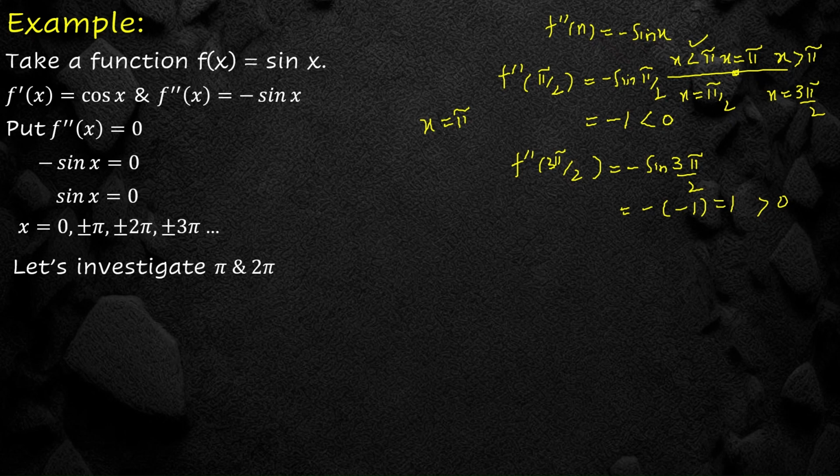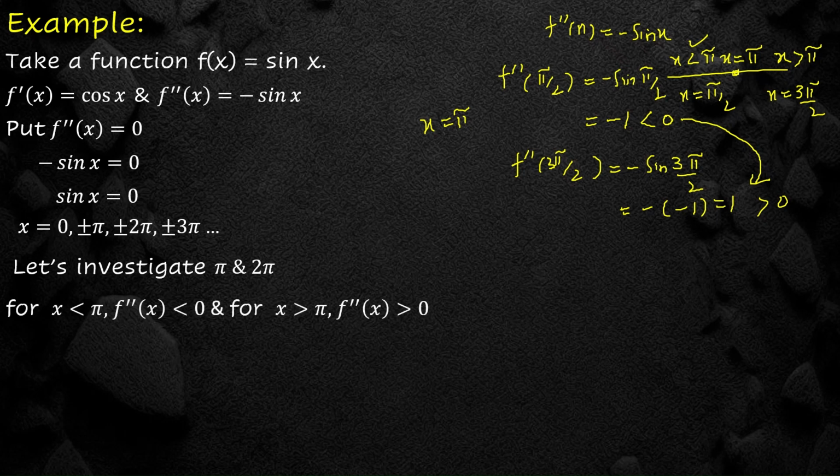That is, the sign of second derivative has changed from negative to positive. Therefore, x is equal to pi is a point of inflection.